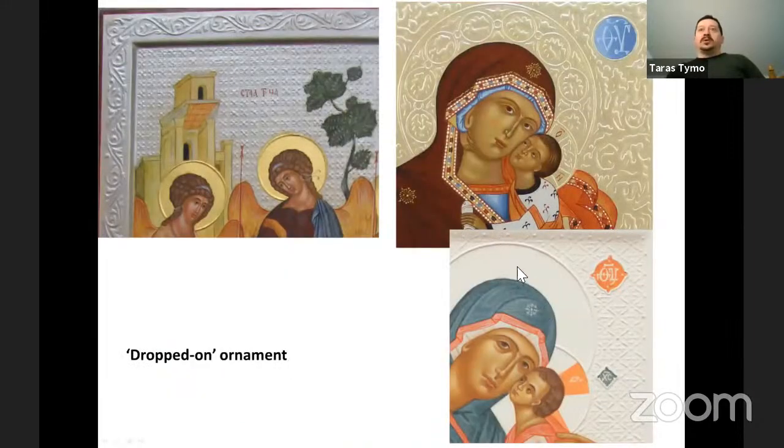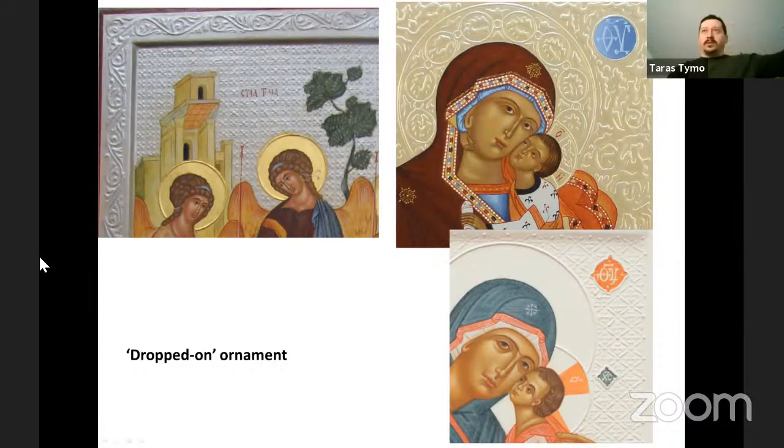Sometimes the gesso is not carved into, but there is so-called dropped-on ornament. You have even gesso, sandpapered, and then you take drops of liquid gesso and apply it on the top according to certain patterns, which results in something like this, or like this, or like this.